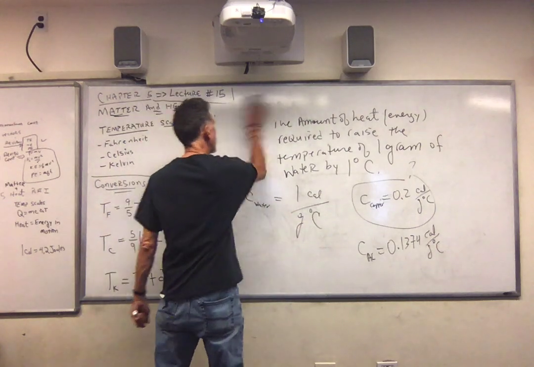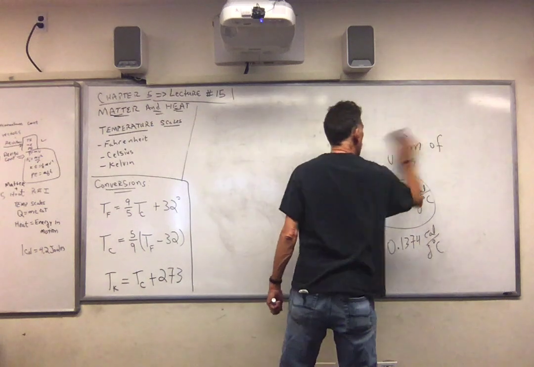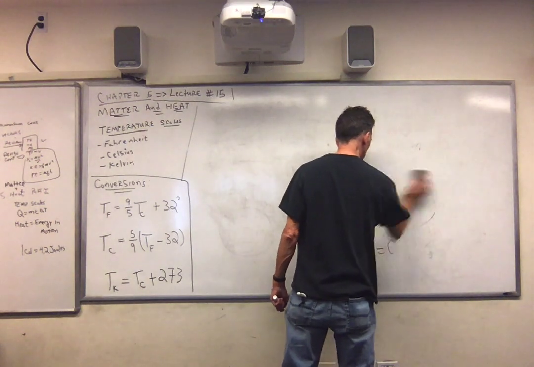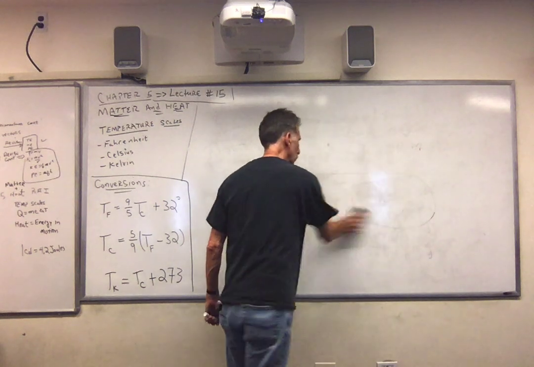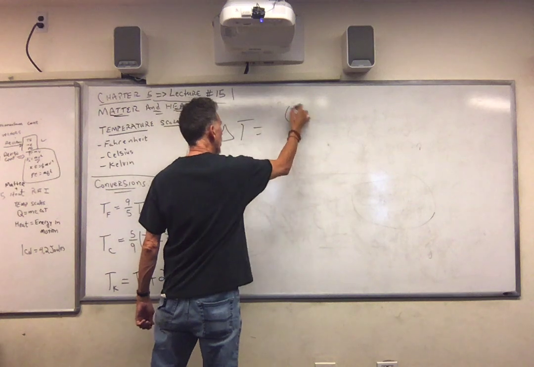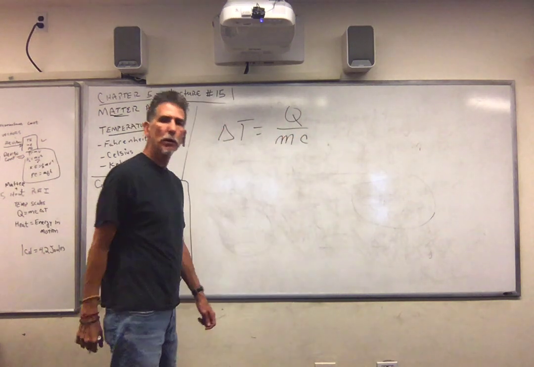So let me erase this and go back to our equation for specific heat capacity that we were talking about. We wrote delta T is equal to Q divided by the mass and then the C, specific heat capacity.